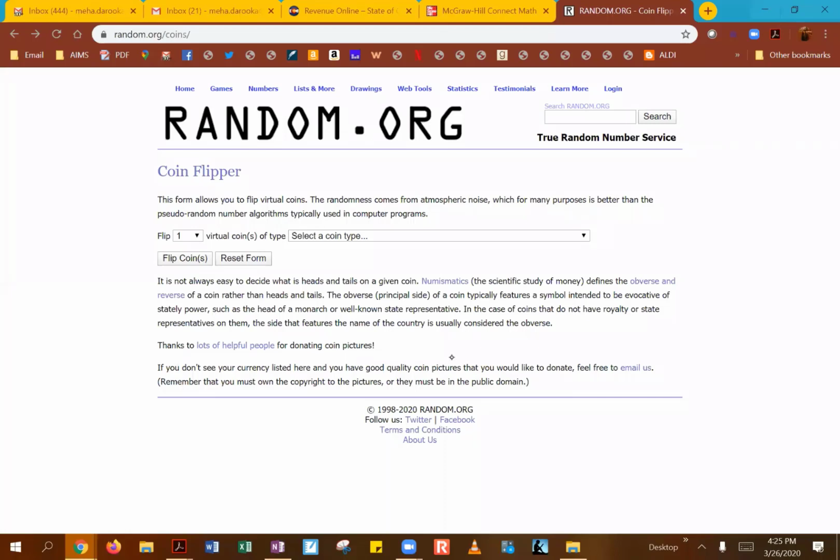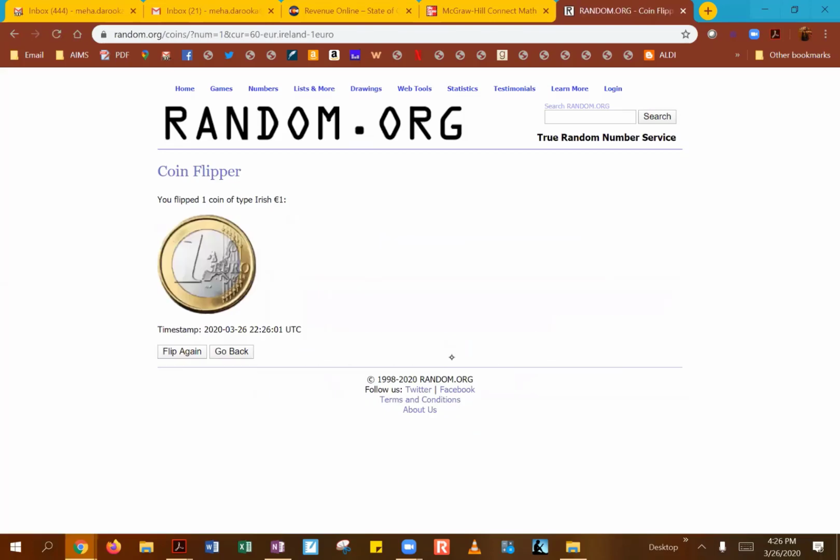Okay, so just to show you how the law of large numbers works. Now, of course, I'm not going to be doing this for too many flips because I don't want to take up too much time. But let's say I'm just flipping one coin, and you can see I got a heads here, it looks like a one euro Irish coin.